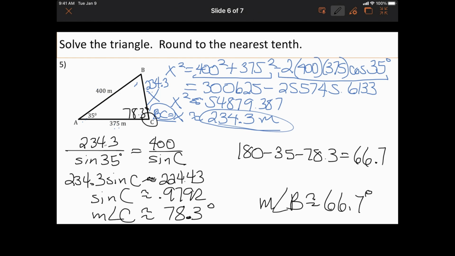Okay, so really this is the same thing as adding these two and subtracting 180. So here's 1, 2, and 3. So solving the triangle, you really have to look and see what you're given, and then be able to figure out if you're using the law of sines or the law of cosines.